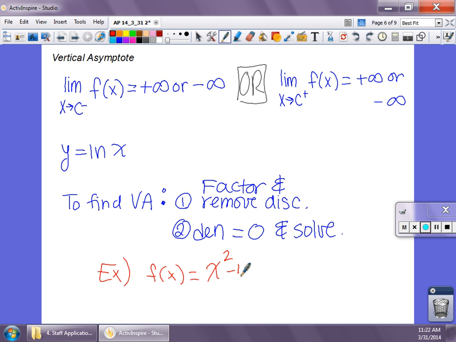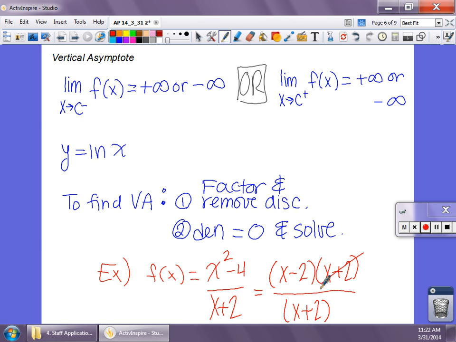Let's do an easy one. So a lot of people will look at that and say, oh, it definitely has a vertical asymptote at x equal to negative 2. You have to make sure that you do your factoring first. Once I factor that out, what happened?